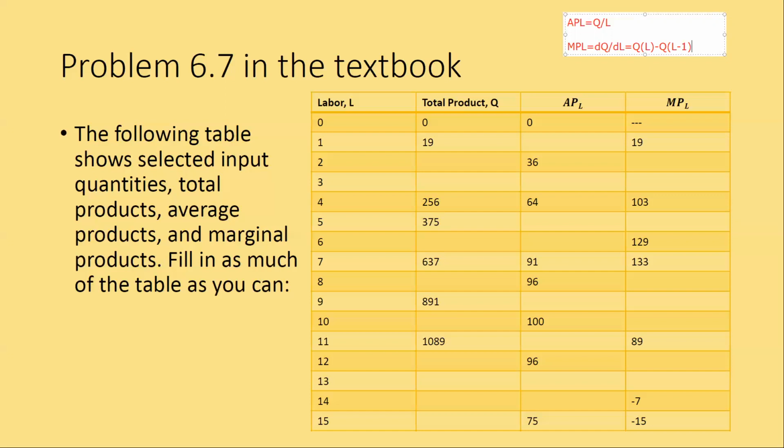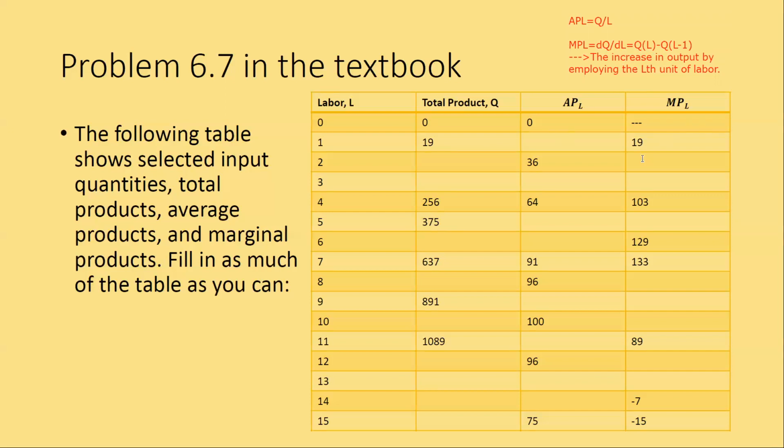This difference is exactly the additional output from employing the Lth unit of labor, which is exactly what MPL is saying. So we use this formula in the discrete case.